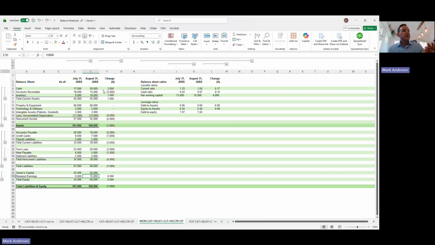So in this case, let's assume that there are no contributions and no distributions. This increase in retained earnings is going to be net income.